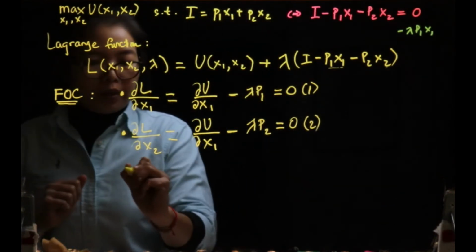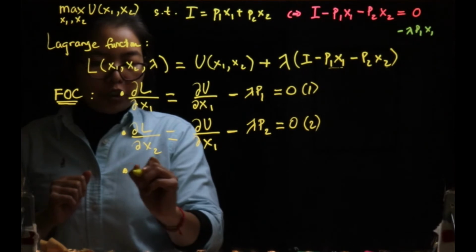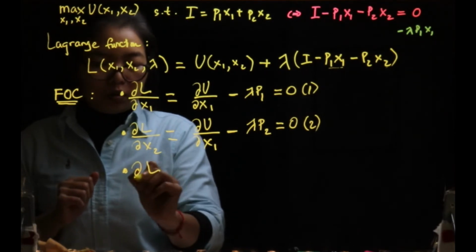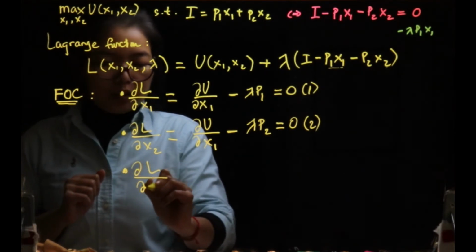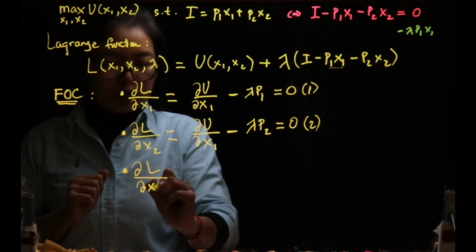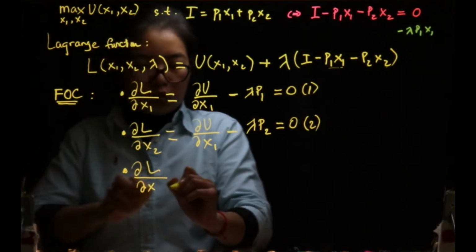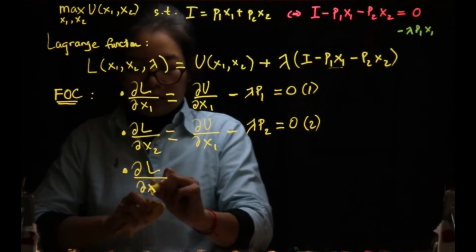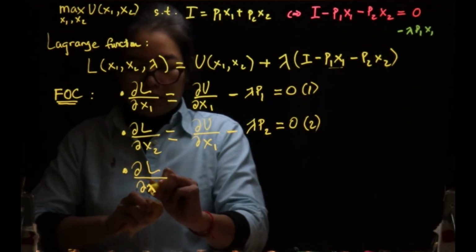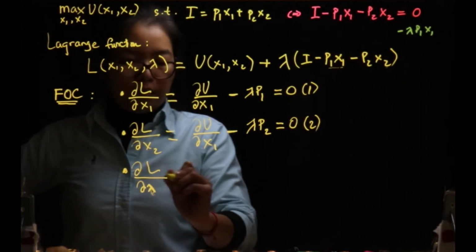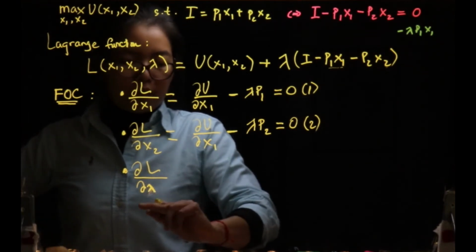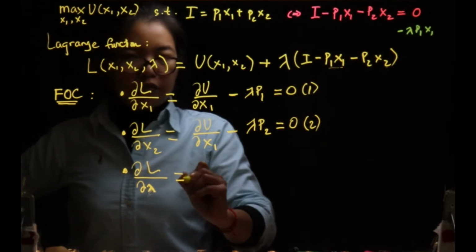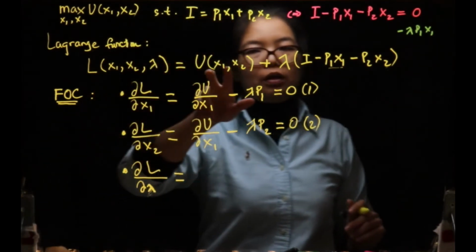Then the third condition is the partial derivative of L with respect to lambda. What is the derivative of the Lagrange function with respect to lambda?